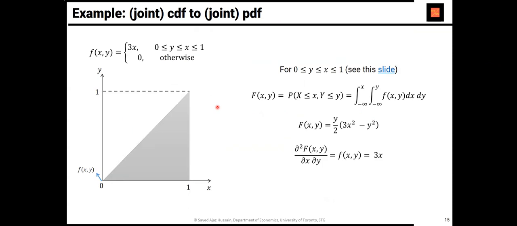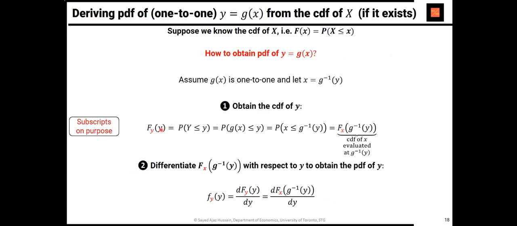So why don't we use that trick to our advantage? If I want to know the PDF of y, wouldn't it be wonderful if I found the CDF of y? Because once I found the CDF of y, I would differentiate with respect to y and get the PDF of y. So the journey begins.